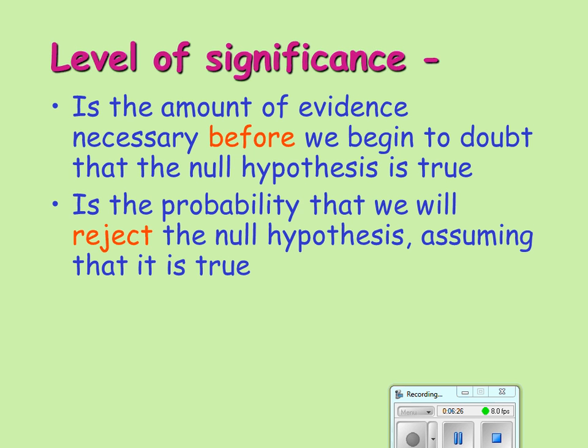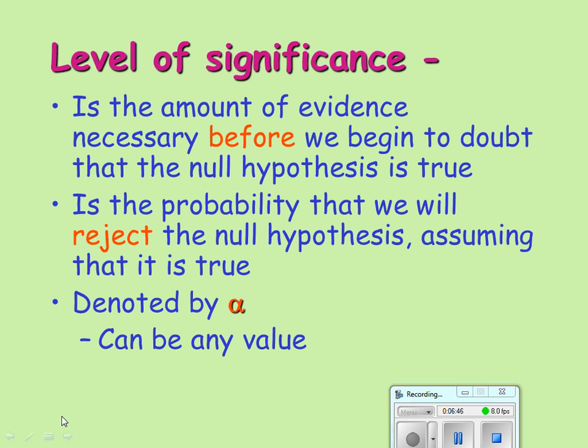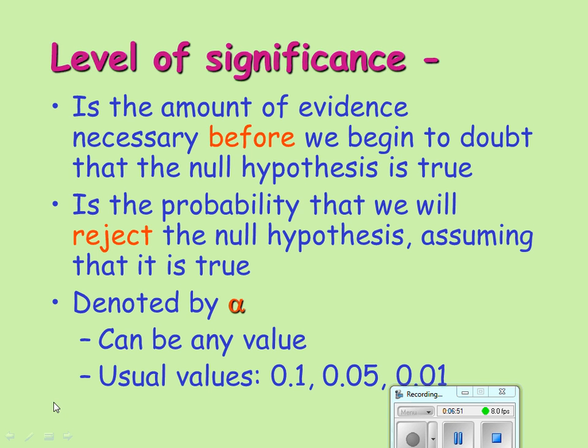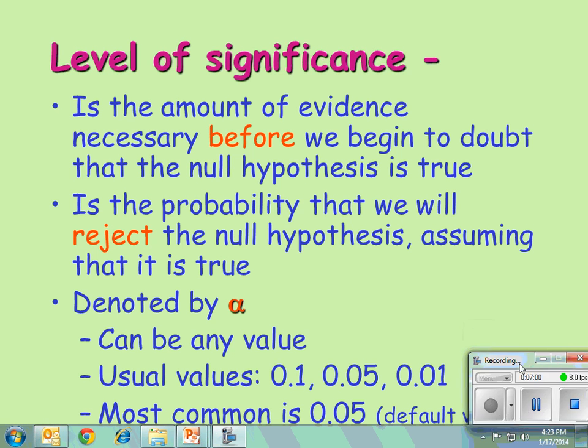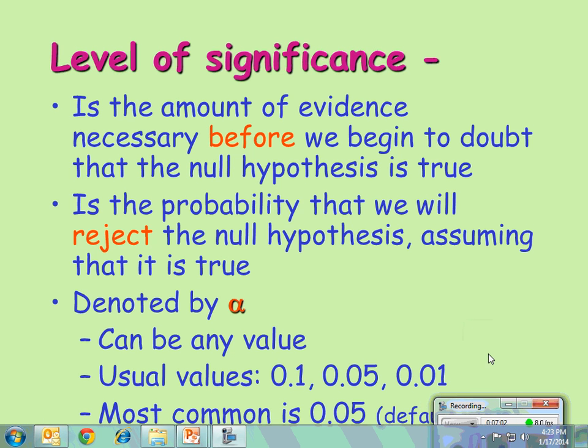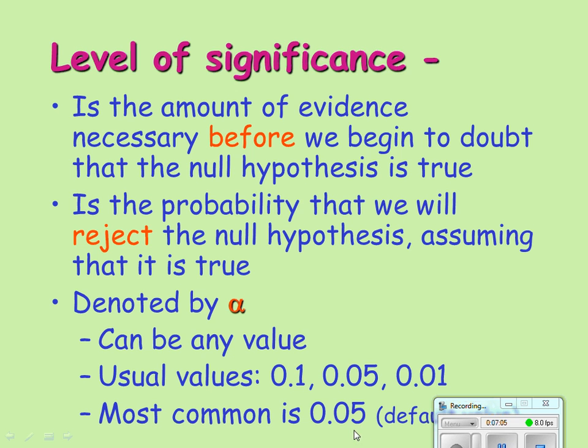If we reject it, that means the alternative hypothesis is valid, and we're assuming that the null hypothesis is true. Our level of significance is denoted here by alpha, and technically it can be any value, but we generally default that value to 5%. It can be 1%, 10%, whatever, but we're going to be using 5% in most of our homework.